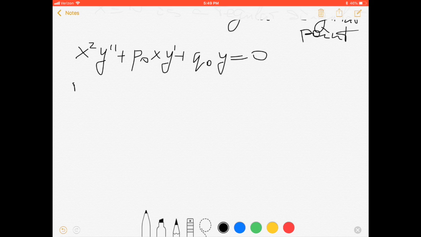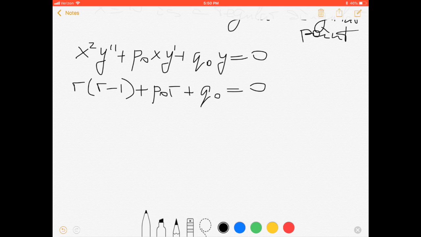And if I rewrite this equation, r(r minus 1) plus p0 r plus q0 equals 0, and r is a solution of this quadratic equation.